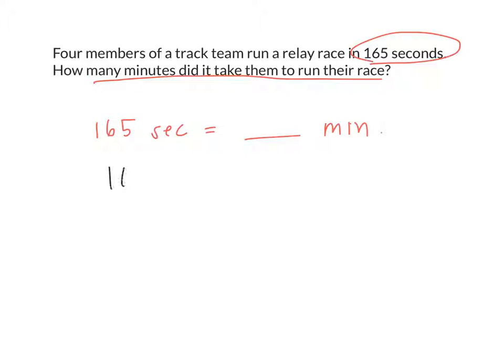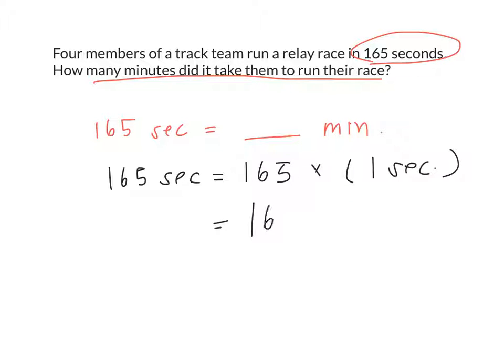We know that 165 seconds is equal to 165 copies of 1 second. Now 1 second is shorter than 1 minute, so it's going to be only a fraction of a minute. So we know that there are 60 seconds in 1 minute, so 1 second is 1/60th of a minute.